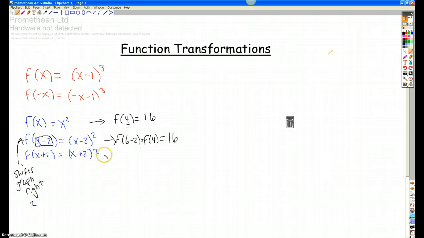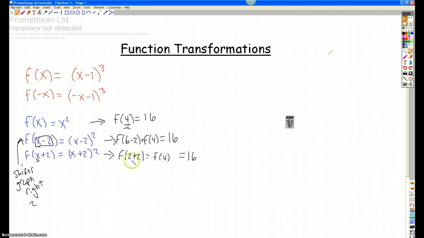Okay, and similarly here, if I want to get out an answer of 16, what do I need to plug in? Well, I have that x plus 2 now, so in order to get an answer out of 16, I need what's inside the parentheses to be a 4, which means I only need to plug in 2 here. So f of 2 plus 2 gives me f of 4, which gives me my 16.